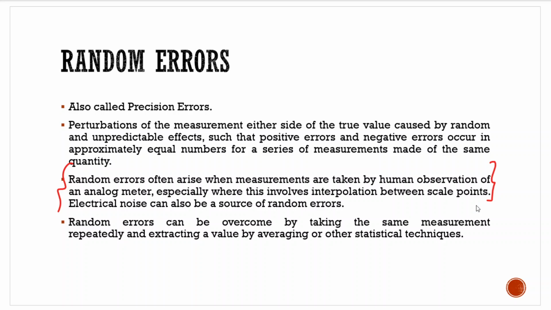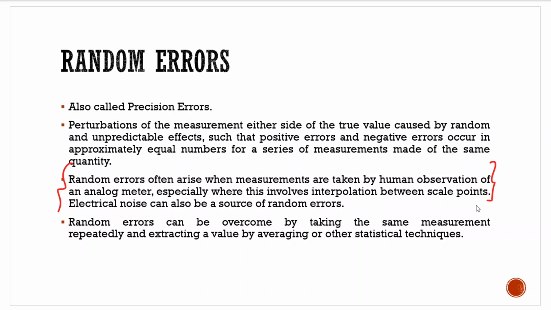Whoever was observing the system has inaccurately taken the readings. Such types of errors are referred to as gross errors, and as said, gross errors are one type of random error.